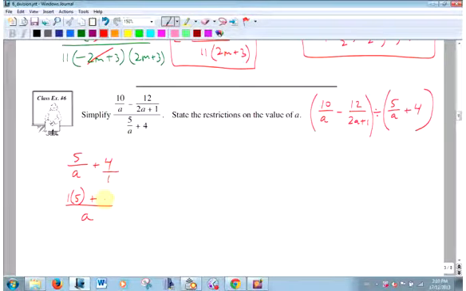If you like to write it, write it. 1 goes into A how many times? A times 4. Okay, so this thing is the same as 5 plus 4a over a. Everybody happy with that?